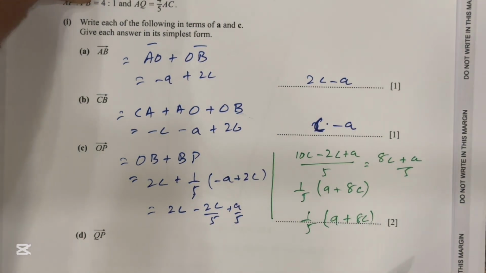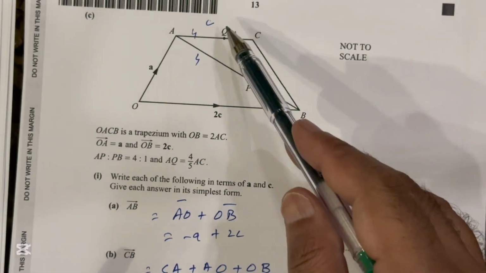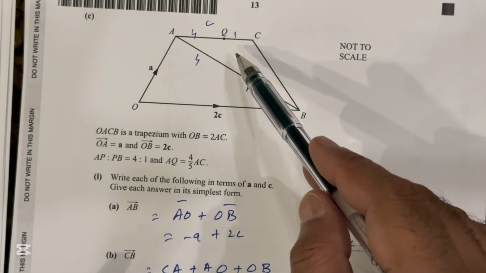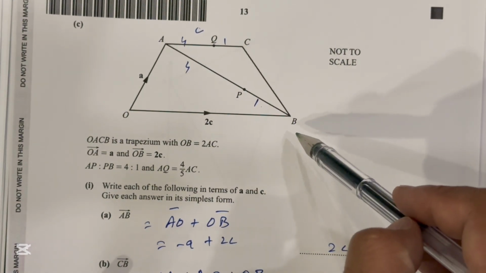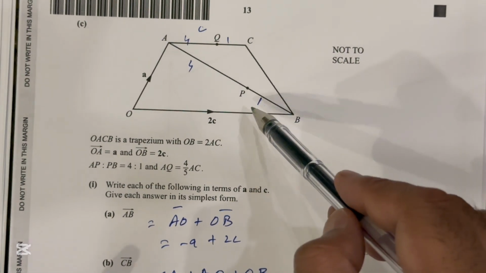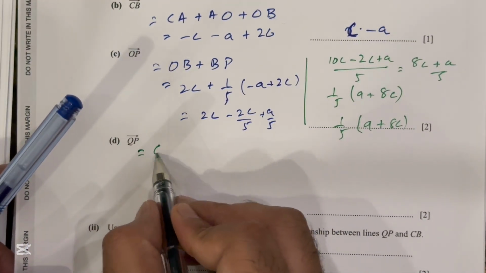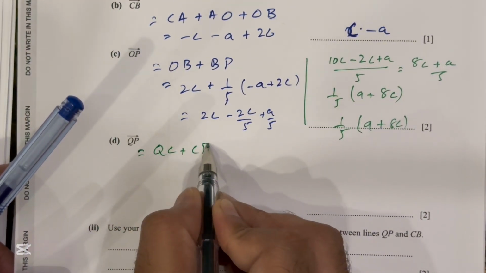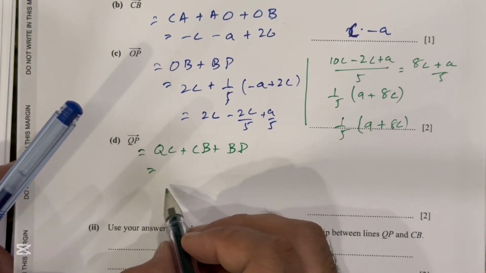Now the next part is we need to find QP. What is QP? QP is this. We can find QP by going like that: QC plus CB plus BP. Okay. So first I'm making the equation: QC plus CB plus BP. What is QC?